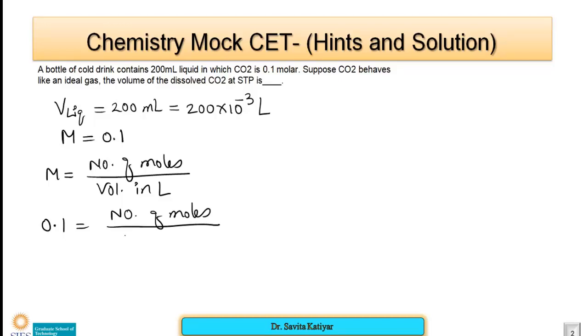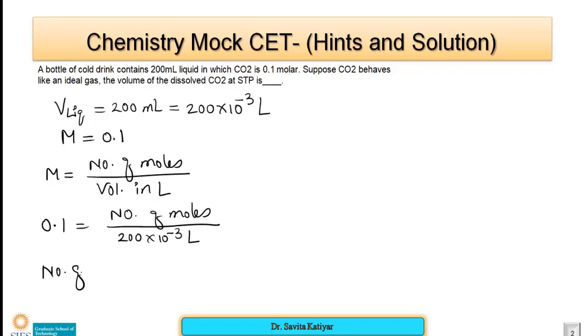And then volume in liter of this solution, the cold drink, is 200 ml, which is nothing but 200 into 10 raised to minus 3 liters. So this data we have substituted in the formula of molarity, which is known to us. We will calculate the number of moles of CO2 in this 200 ml of the cold drink.